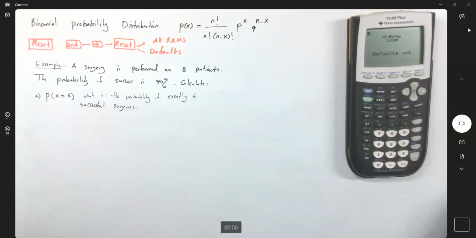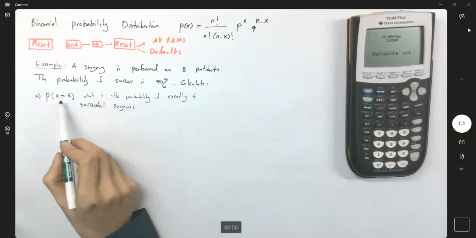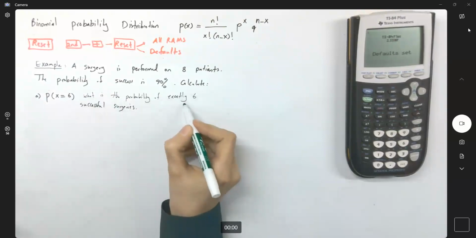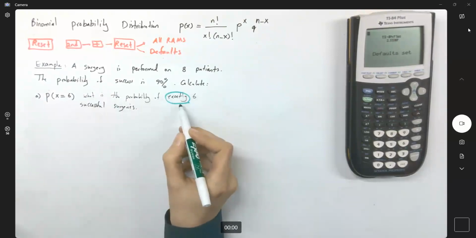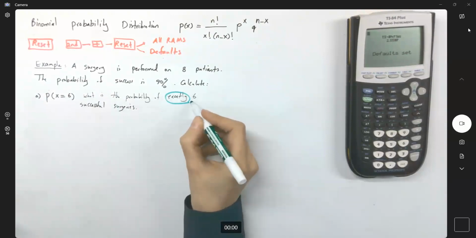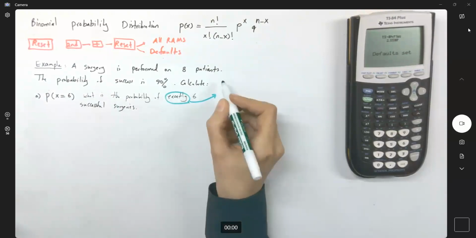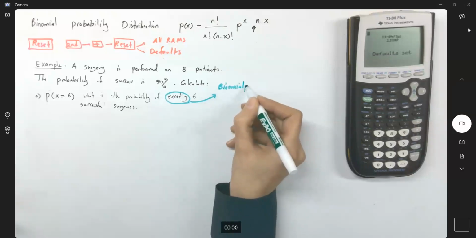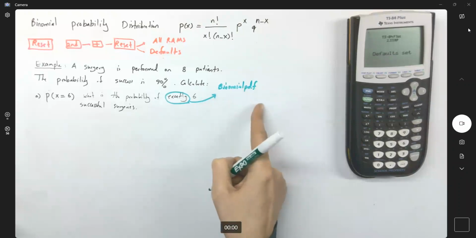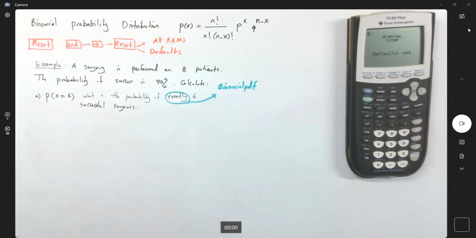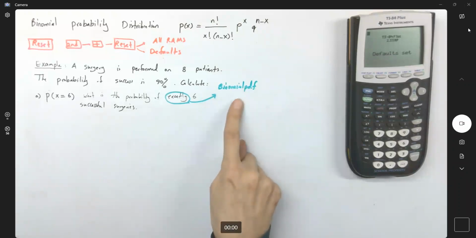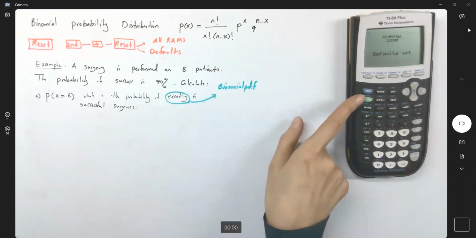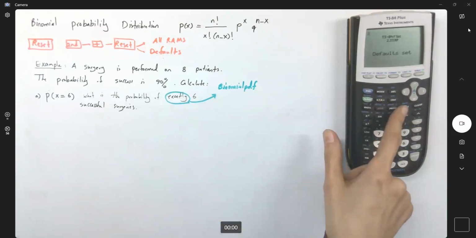The keyword given to you is equal to or exactly. When you have the keyword exactly, it directly refers to binomial PDF, probability density function.